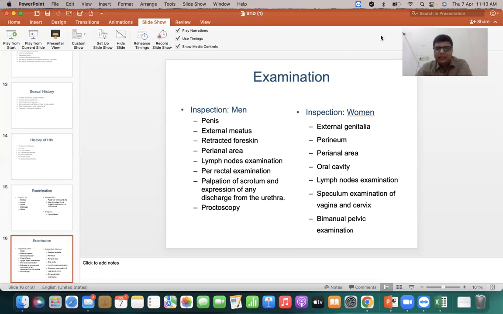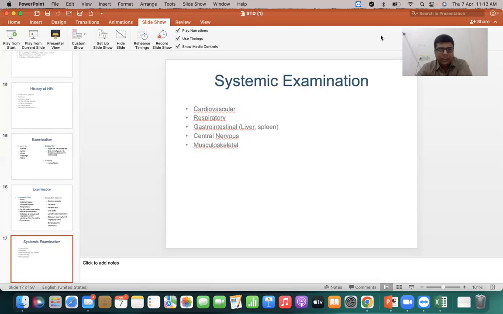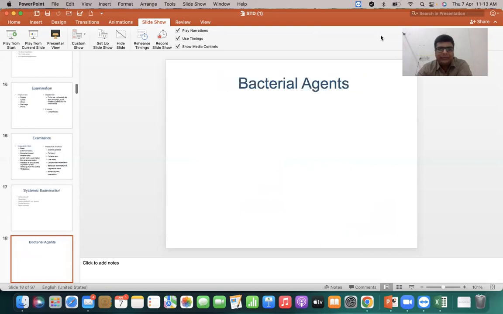In women, we examine the external genitalia, perineal area, oral cavity, lymph nodes, speculum examination for vagina and cervix, and bimanual examination. There are various systemic manifestations of STD, so you should examine the cardiovascular, respiratory, intestinal, CNS, and musculoskeletal systems.